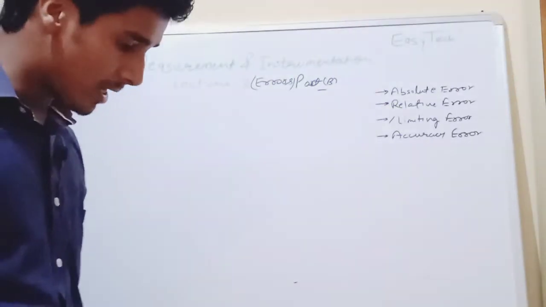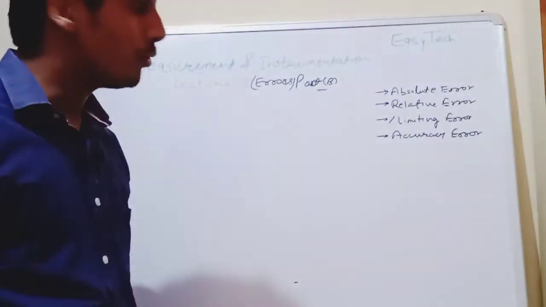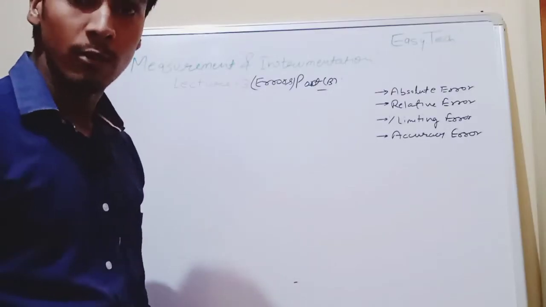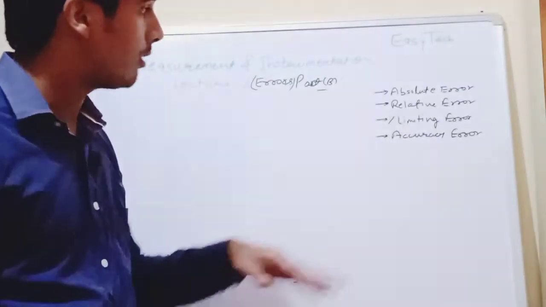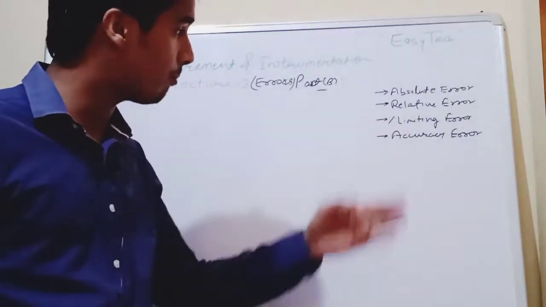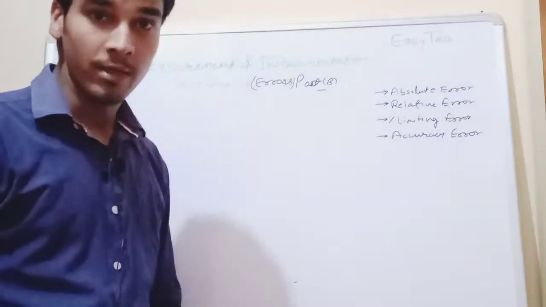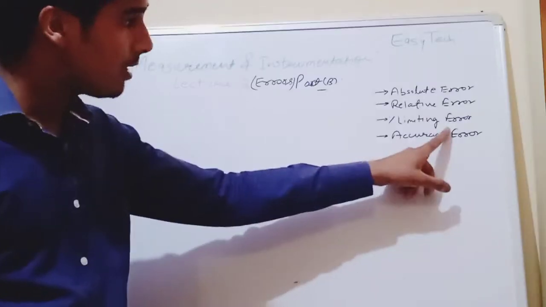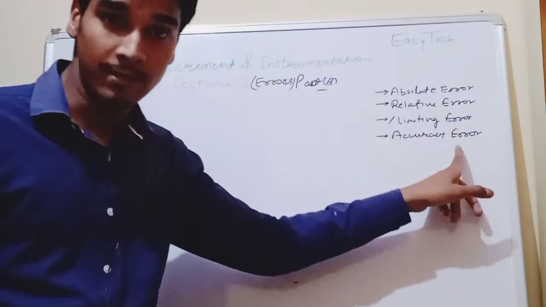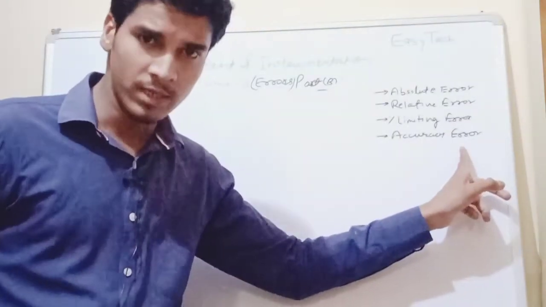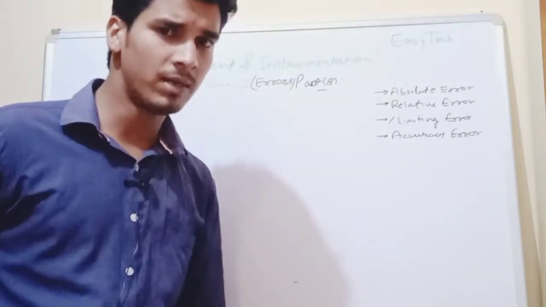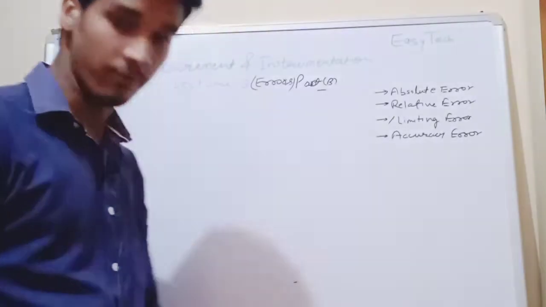With an example, I introduced how to calculate each of them, and in what terms percentage limiting error and accuracy error differ. They seem very close to each other, but they are quite different.